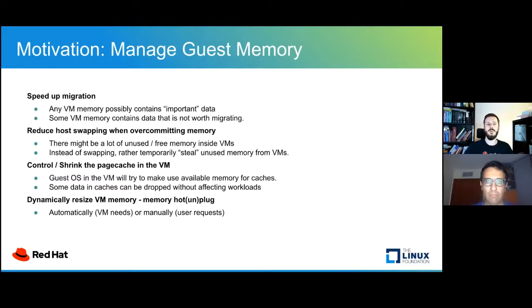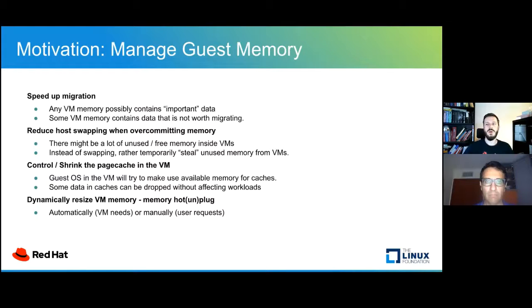The third item is that we often want to control or shrink the page cache in the virtual machine and also sometimes other caches. The nature of a modern operating system is that it will try to make best use of all available memory, and that implies using it for caches. In Linux, this is done by the page cache, which will essentially over time consume most of your main memory.